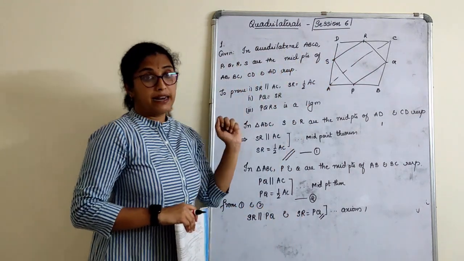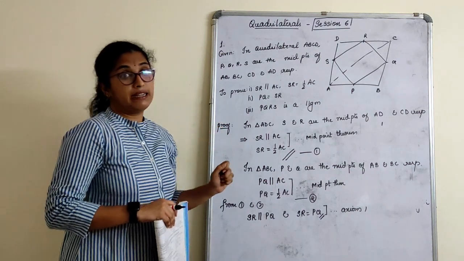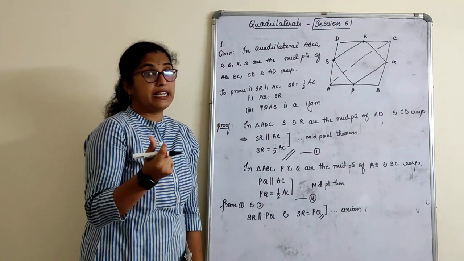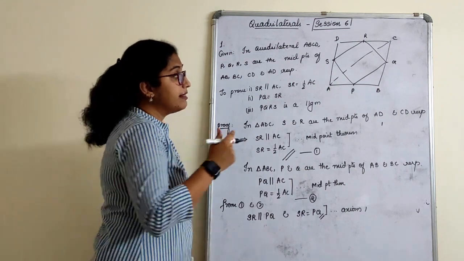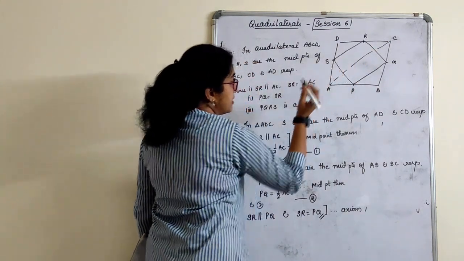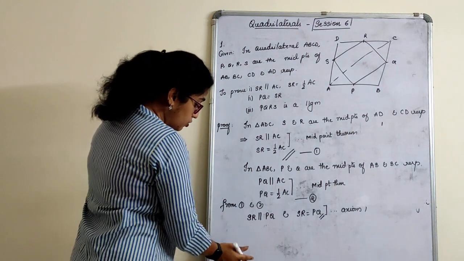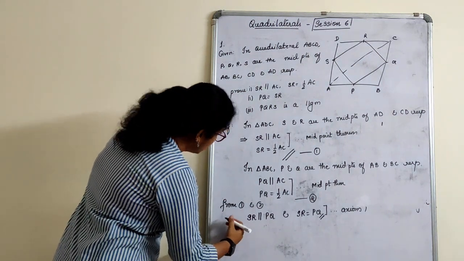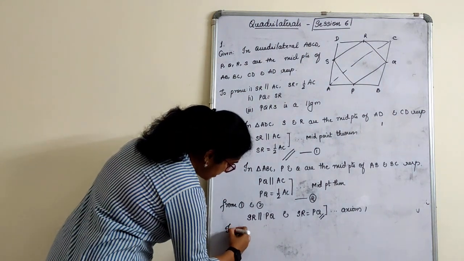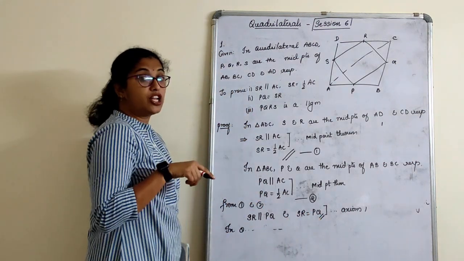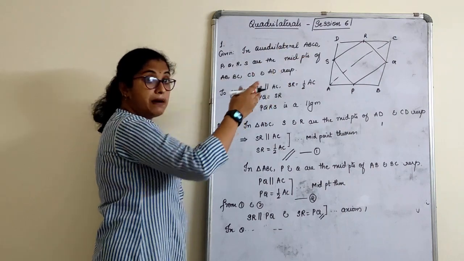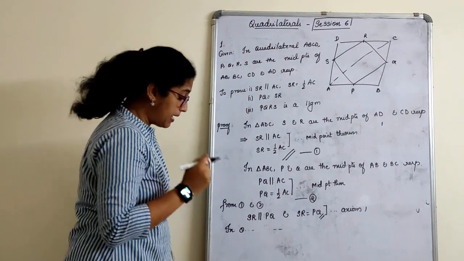PQ is also parallel to SR. In a quadrilateral, if a pair of sides is equal and parallel, then it is a parallelogram. Therefore, PQRS is a parallelogram. You know the statement: in a quadrilateral, if a pair of sides is equal and parallel, then it is a parallelogram.